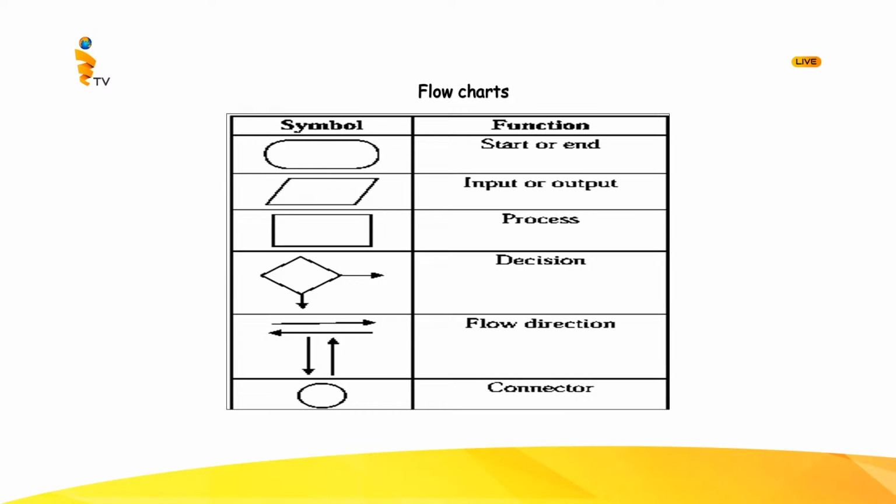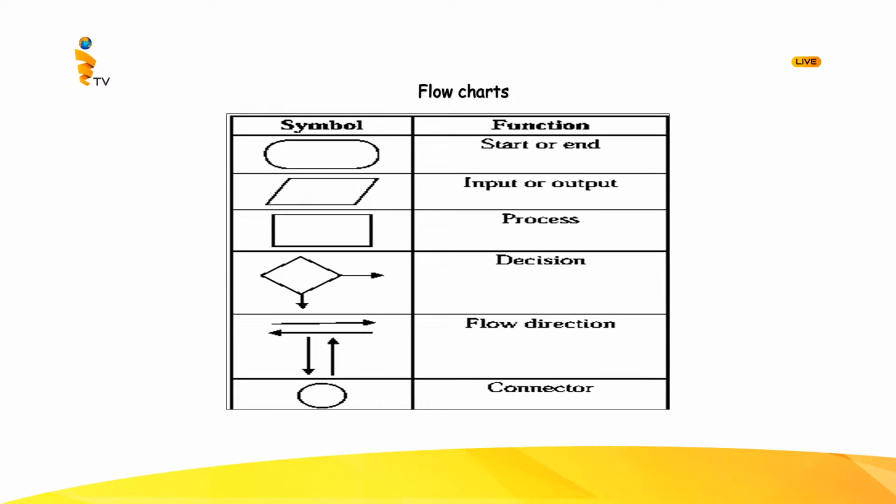So in order to indicate start or end, we use a rounded rectangle. We draw a rectangle and along the edges we make it round. So we call that a rounded rectangle. So in a flowchart, to indicate start and end, we use the rounded rectangle.